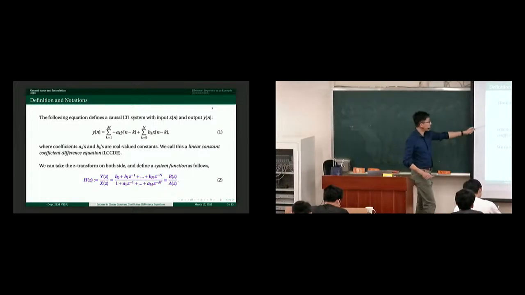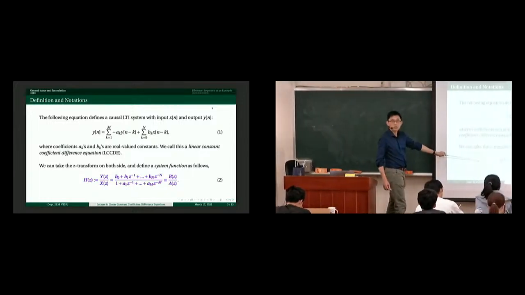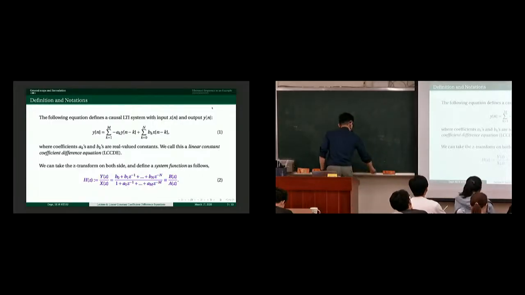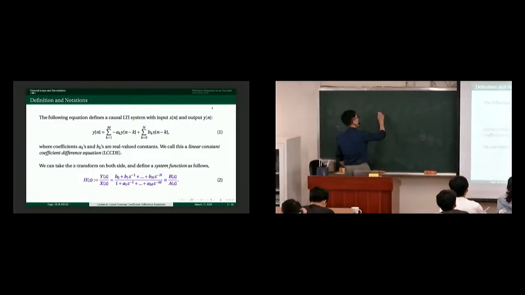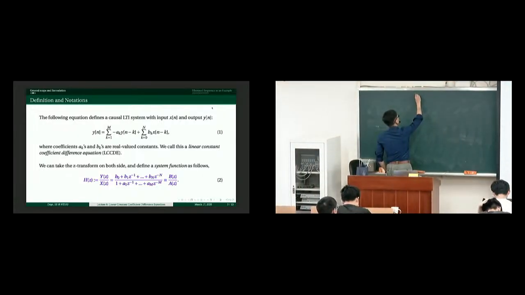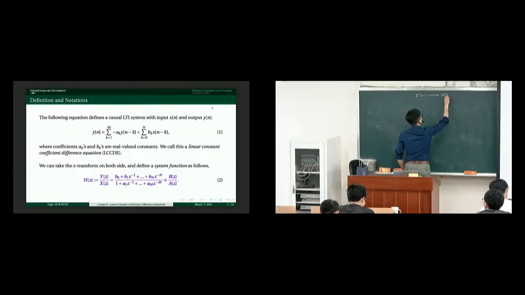To jump from here to here, we're missing one step. That one step is a property of the Z transform. You need to understand that when we shift the signal by m samples to the right, what happens in the Z domain?